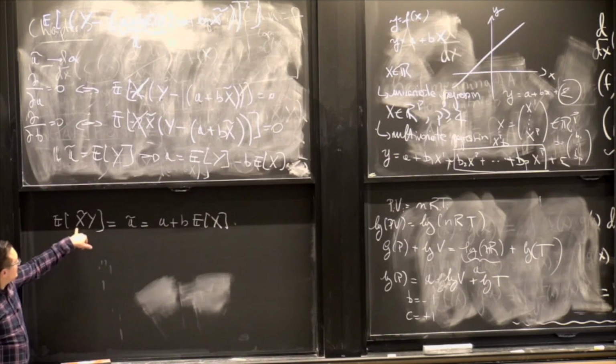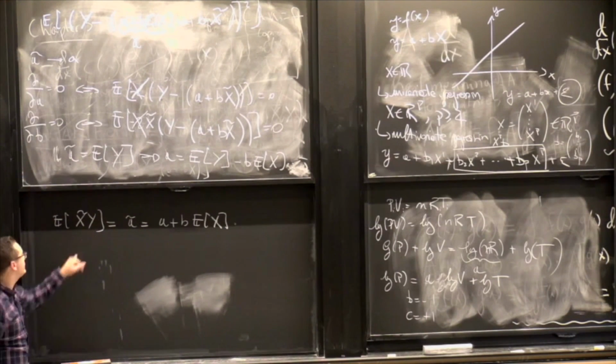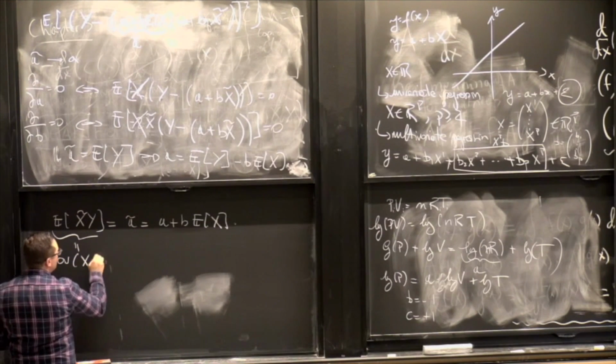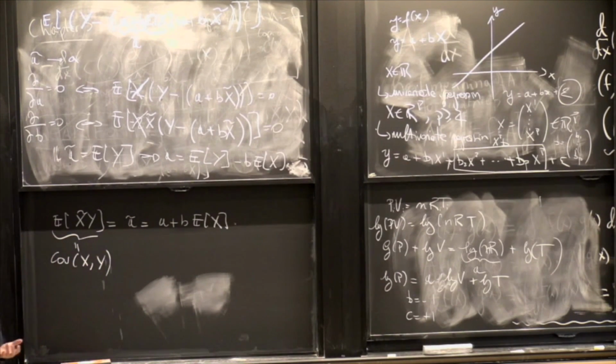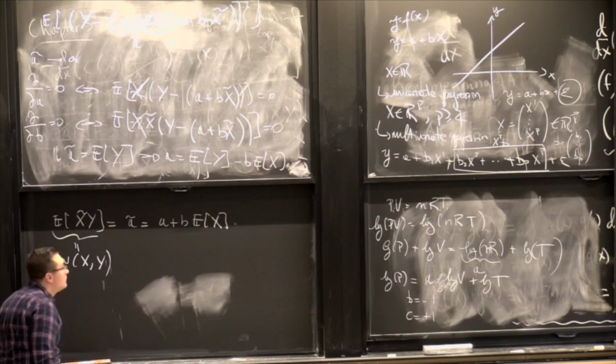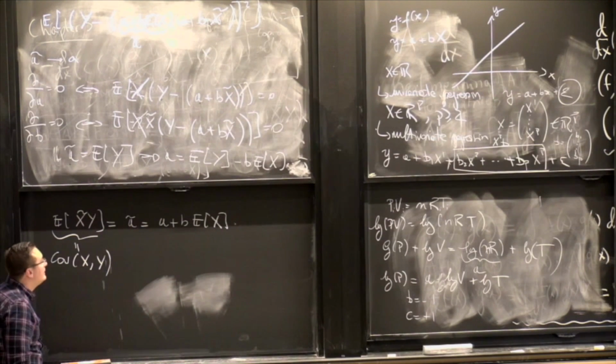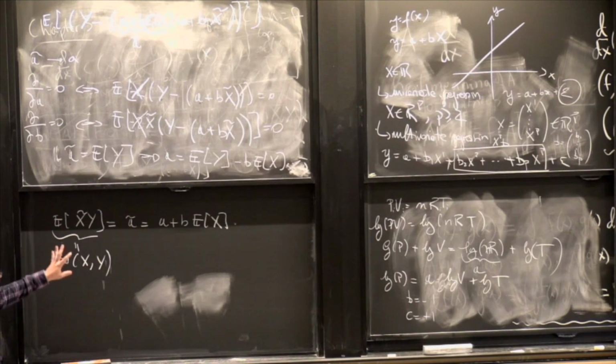Now, this is the expectation of the product of two random variables, but x tilde is centered, right? It's x minus expectation of x. So this thing is actually equal to the covariance between x and y by definition of covariance. So now I have everything I need, right? I have 2 equations with 2 unknowns.